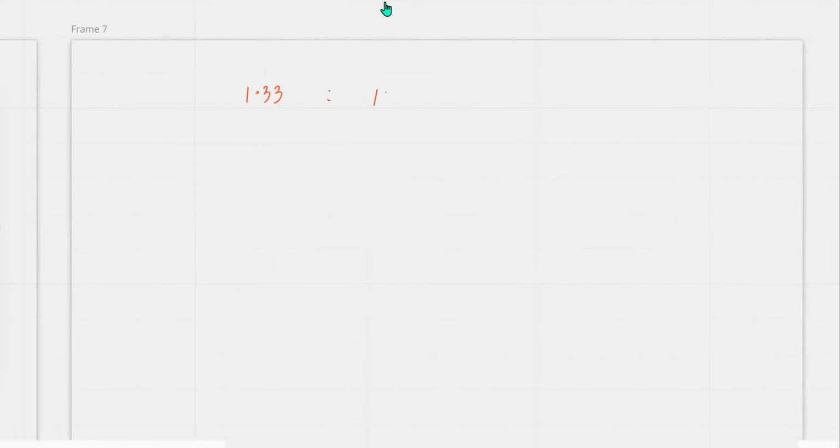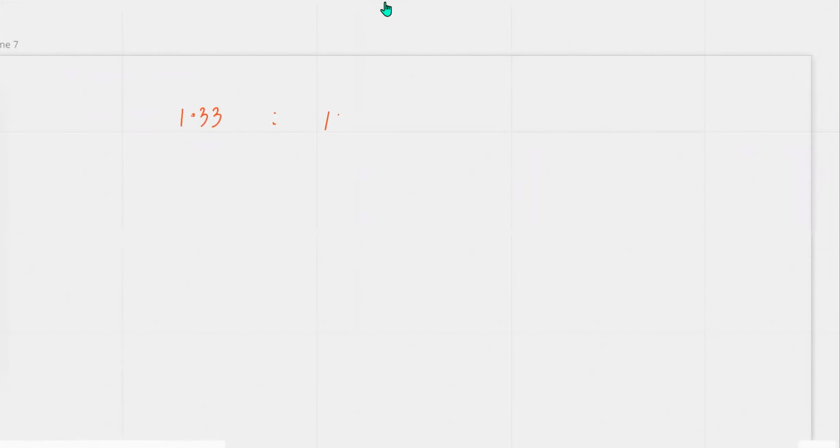You can do trial and error. Or if you see 0.33, you can guess that if I multiply this by 3 and this by 3 as well, 1.33 multiplied by 3 would be very close to 4. You can try this on the calculator, and this would be 3. So it's basically 4:3. Is this clear?